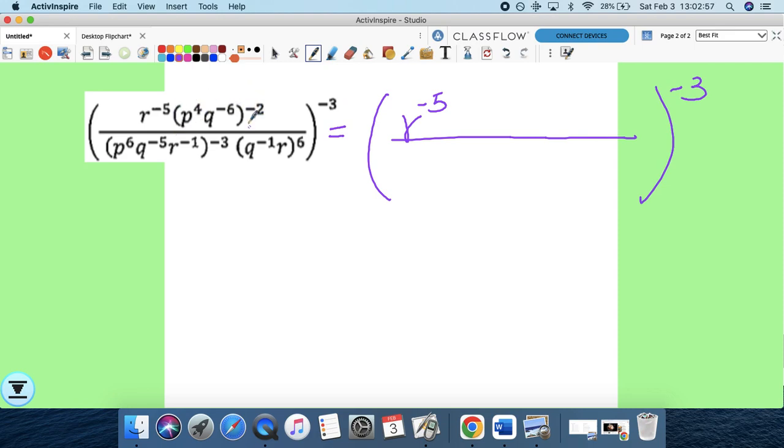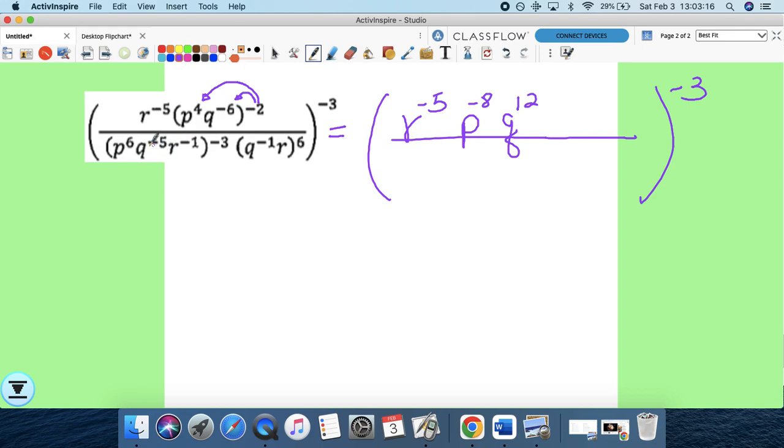But there's a parenthesis here, and before removing the parenthesis, I'm going to remove it by multiplying the -2 to these guys. Now I get p to the -8th and q to the +12, because negative times negative is positive. And down here is the same thing. This -3 has to be applied to everybody, right?